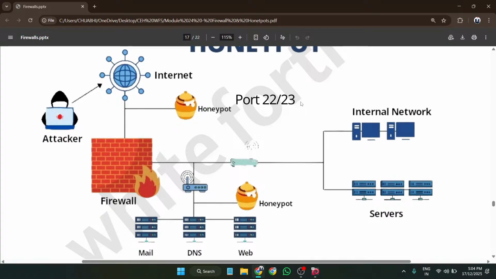Can someone tell me what these ports are for? Port number 22 and 23. Guys, let me know in the chat box. These are very interesting ports, especially for a hacker, for an attacker that is over the internet. But what's the use of these? Anyone?